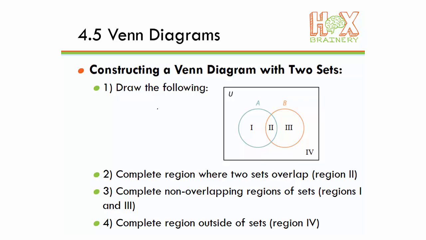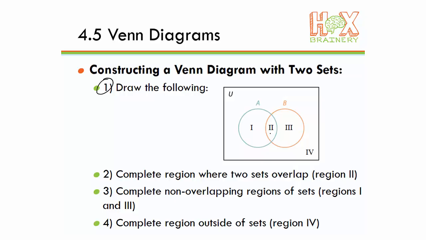Constructing a Venn diagram with two sets. These are steps for how to create our Venn diagram when we have two sets. Step 1 is drawing this figure here, exactly as it is. Before we start putting elements into the regions, we're going to assume that set A and set B overlap.